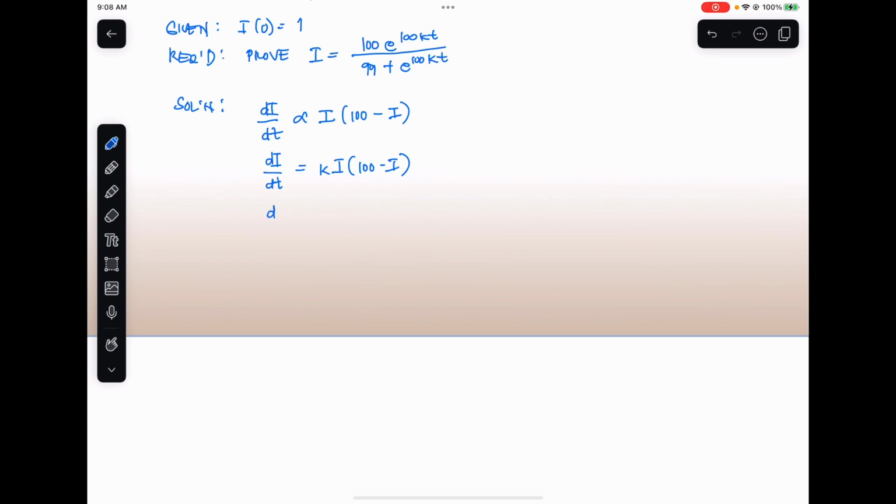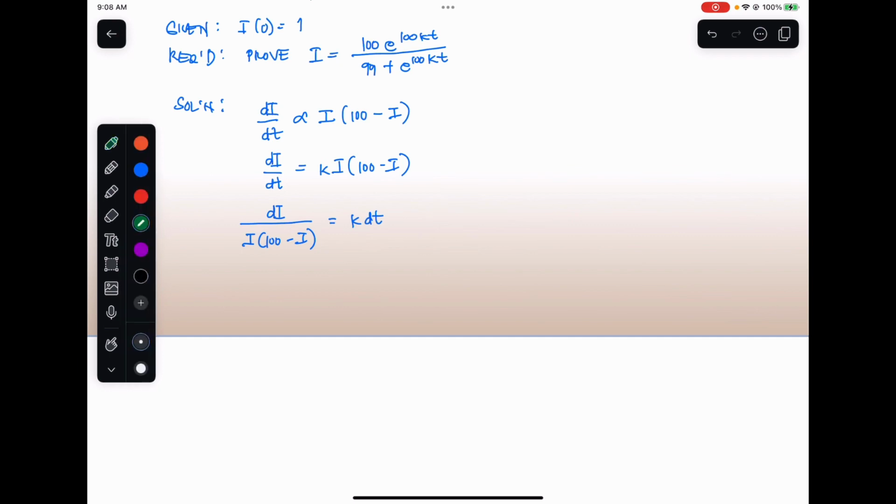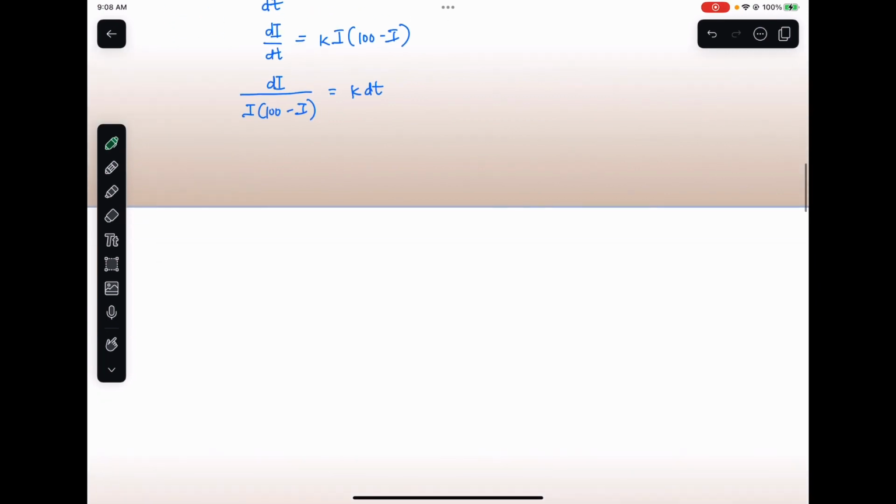So we can make this one as dI all over I times 100 minus I, then multiply it with k dt. The right side of the equation can easily be computed, but on the left hand side of the equation, we can compute that using partial fractions.